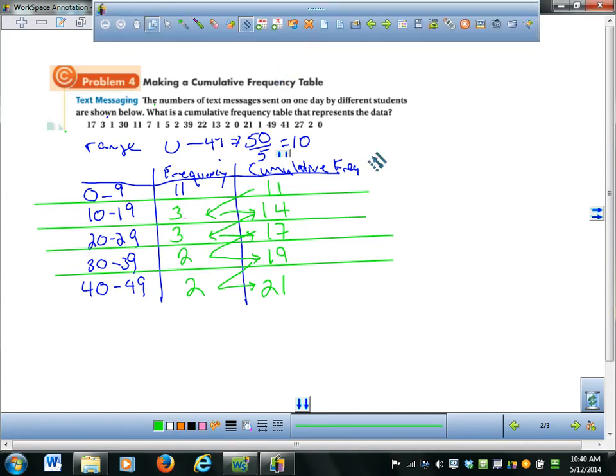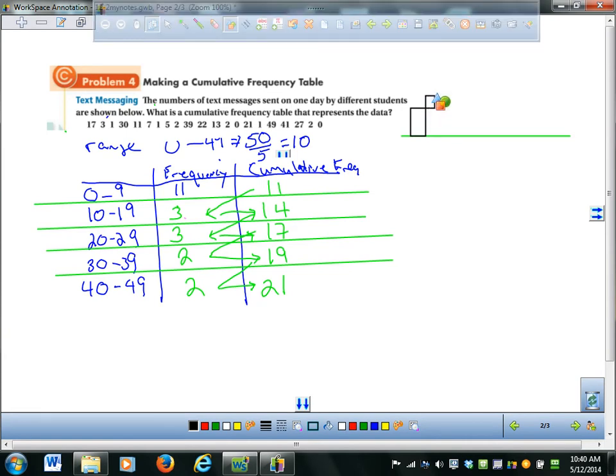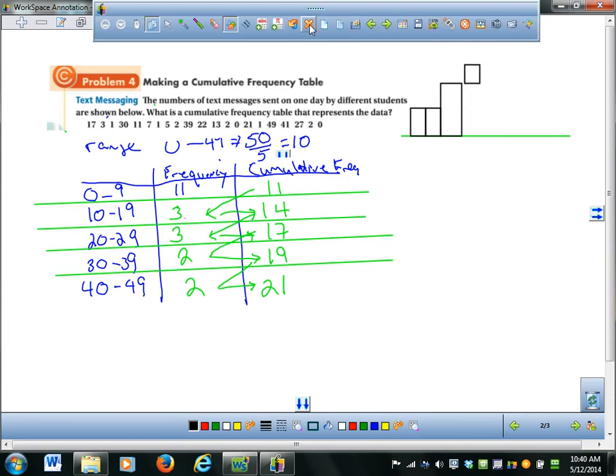So then we have different types of histograms. If you see one that looks kind of like this, let's make a taller box here, and then this one here.